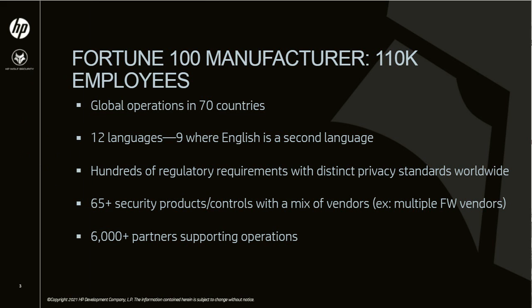Now, typically, if you look at a good example, in this case, this manufacturing use case, lots of employees, just like our company, who we eat our own dog food, we use this product ourselves. And we're in many countries, lots of languages, a whole bunch of different ways of things going around. So if you're thinking about a risk tolerance and your risk profile, and you're trying to select the right tools in a layered strategy, and then use zero trust, you start to build a story that gets more complicated, not simpler.